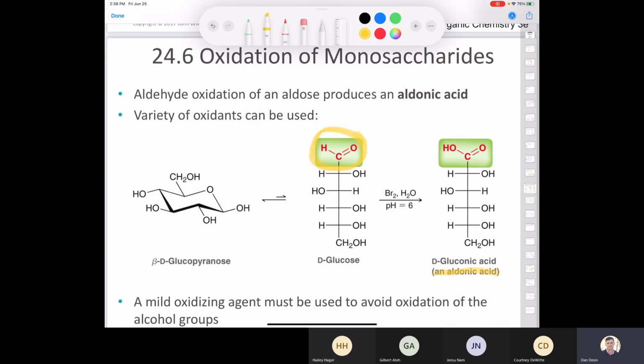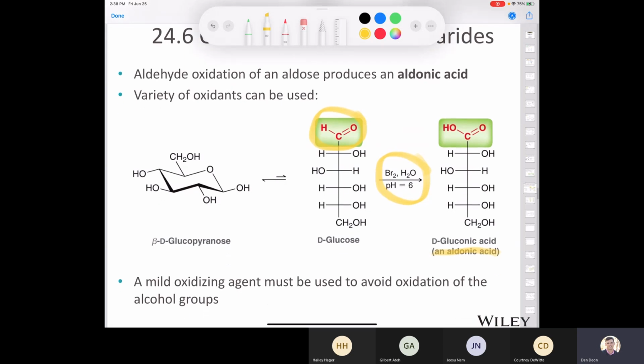And what's cool about these conditions here, which are bromine and water, buffered to a pH around 6. Again, I don't remember exactly how that's done. I think they use calcium carbonate or something. But anyhow, what's cool about this is that this is a way that can be used to distinguish between an aldose and a ketose, because the buffer is going to prevent the ketose from isomerizing, which is kind of cool.